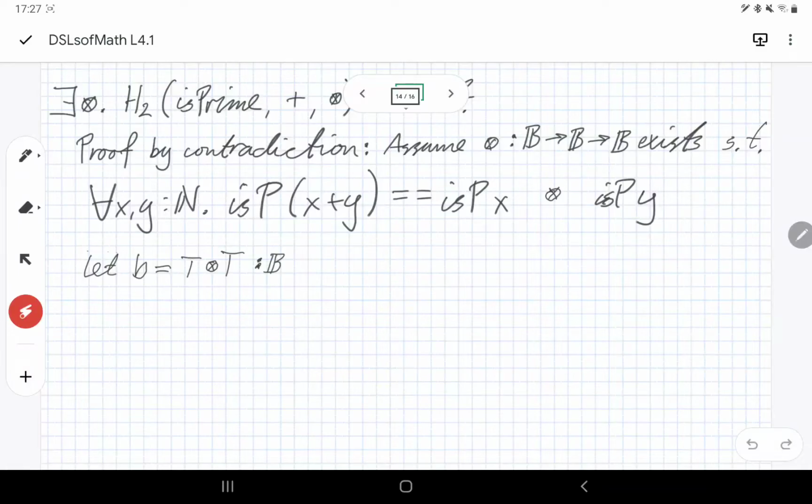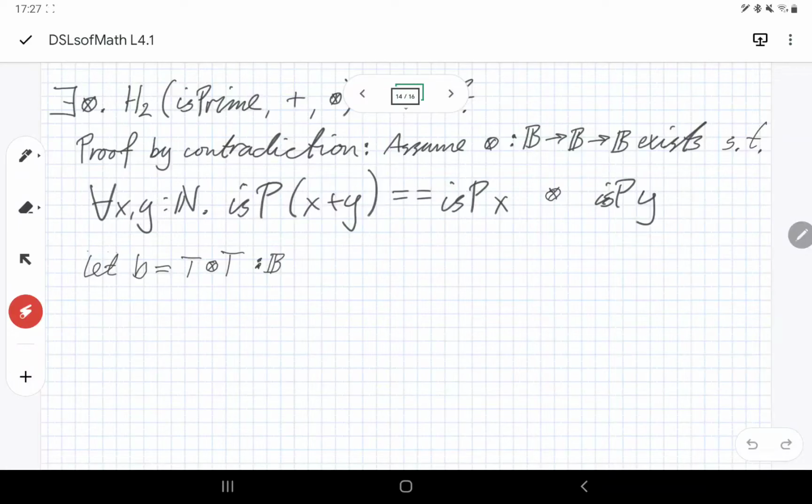I mean, there exists an operator, and it defines a unique value b, which comes out if we send two truth values to it. And then we would like to find some kind of problem with this claim from this law. So we have assumed that this law holds for this operator, so let's try to provoke it a bit.